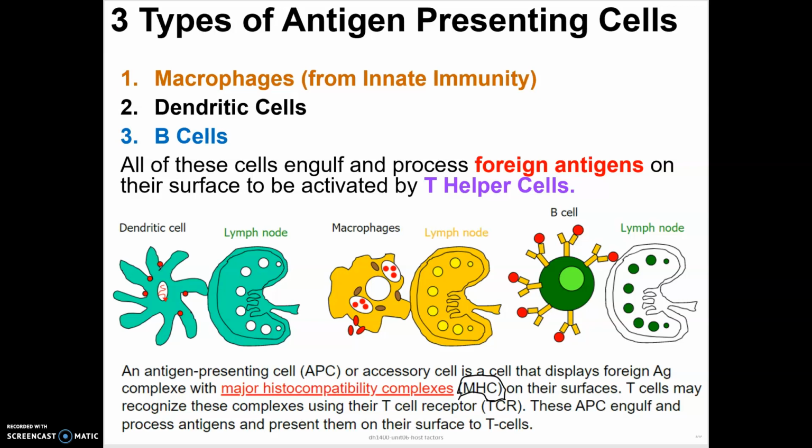If we look at the pictures up here, you can see we've got our dendritic cell, our macrophage, and our B cell. These are the three types of antigen presenting cells. Then they travel to lymph nodes and through blood vessels, and they show these antigens to other parts of our immune system, mostly our T helper cells. Once our T helper cells are activated, they go on to have a much bigger role to play in helping us out.